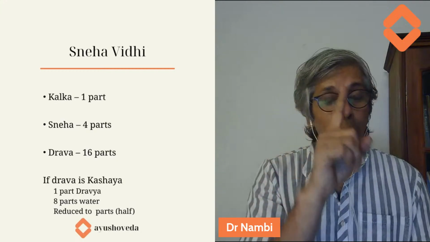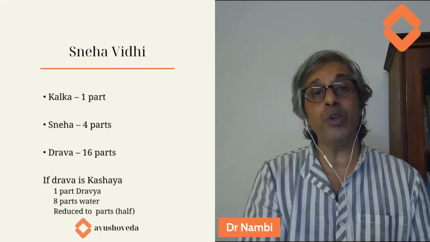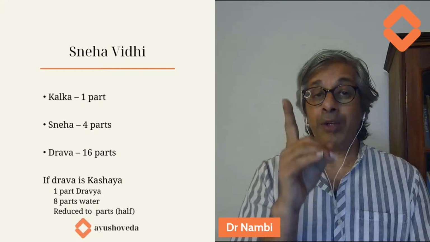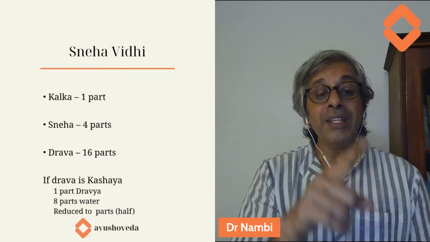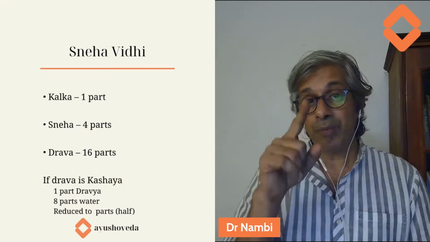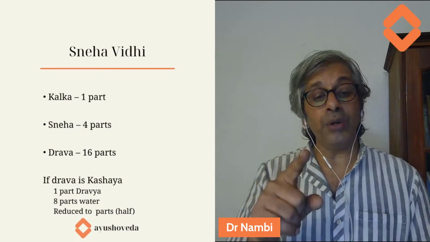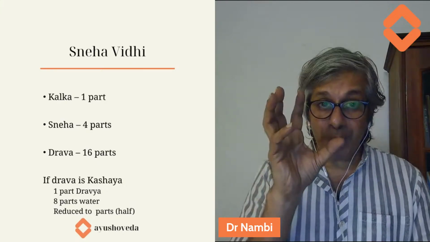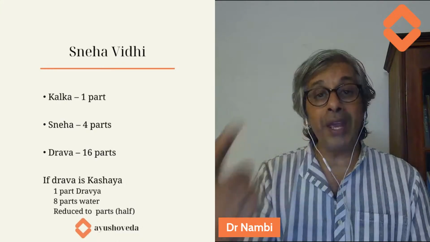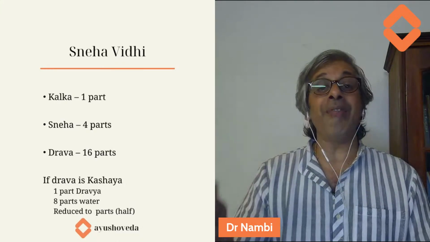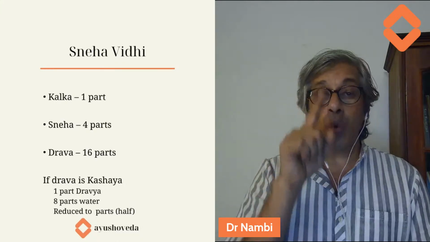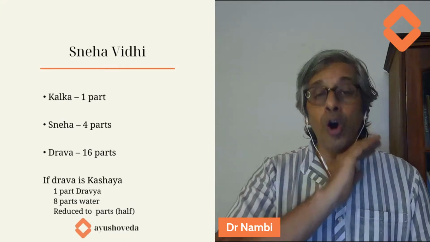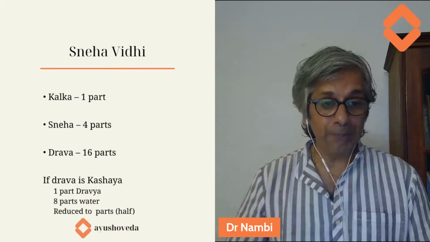Suppose you take 1 kilogram of bala powder, you have 4 kilograms of oil, and to that oil you add 16 parts of bala kashaya. That means you make a kashaya of bala and add 16 parts. So 1 is to 4 is to 16 is the proportion for almost all oils or ghee.